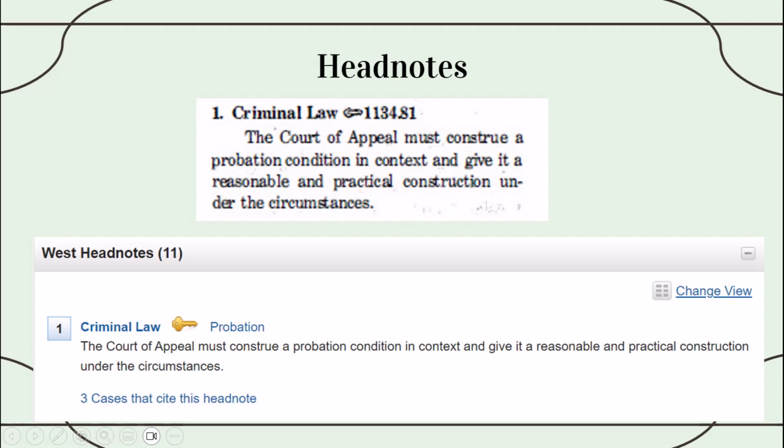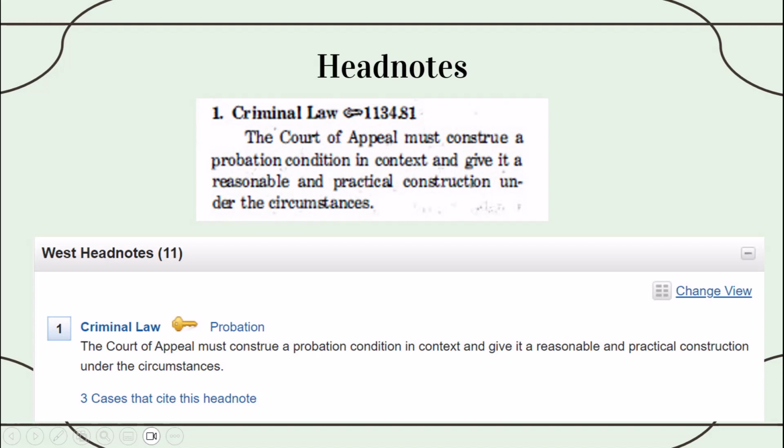Now, the headnote itself, you'll see, has both more and less information than the print version. First, it does have the headnote number 1. It does have the topic name, criminal law. It does have the abstract, the Court of Appeal must construe, etc. What it doesn't have is the key number. But what it has added is the word probation, which is the definition of the key number.